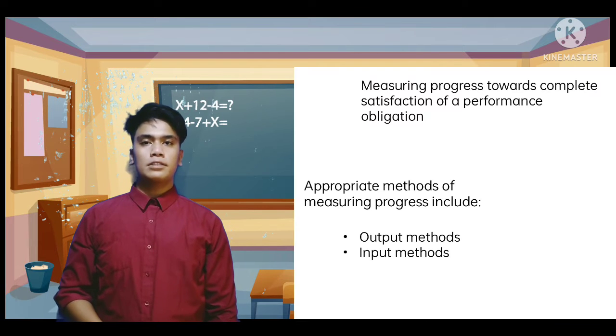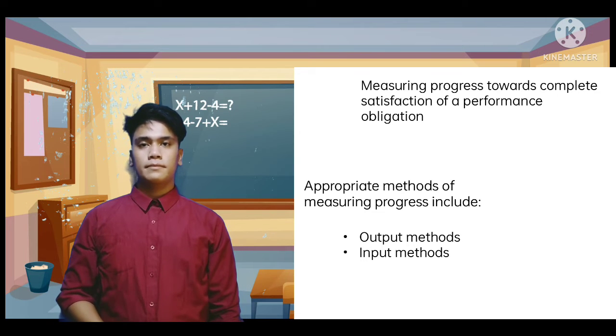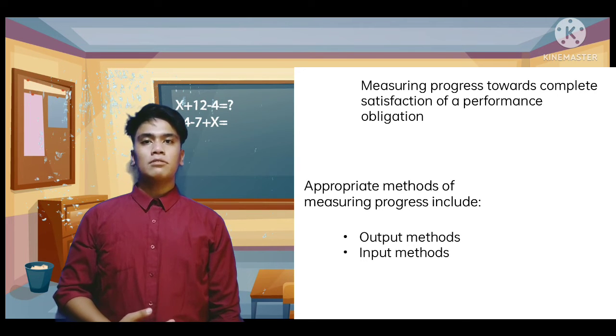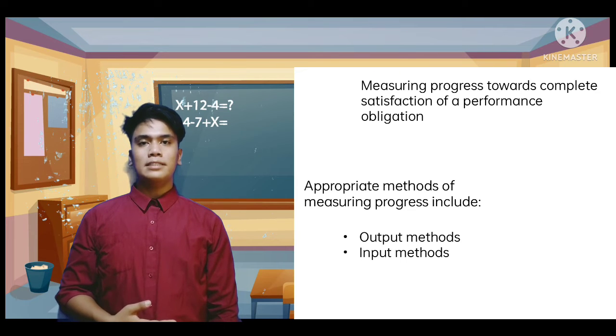Measuring progress towards complete satisfaction of a performance obligation. An entity recognizes revenue for each performance obligation satisfied over time by measuring the progress towards the complete satisfaction of that performance obligation.